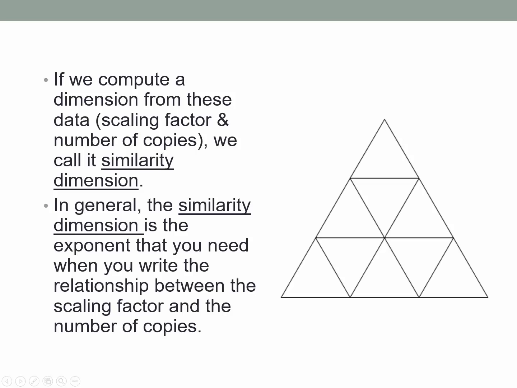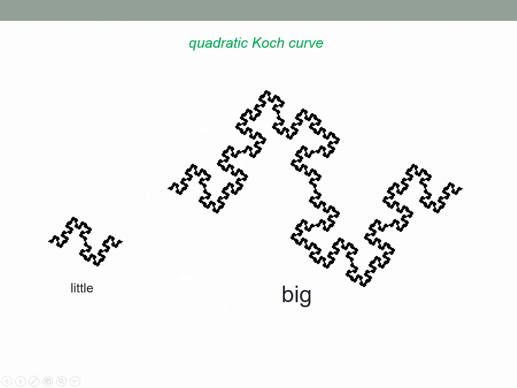In general, what do we mean by the similarity dimension? Well, it's the exponent that you need when you write the relationship between the scaling factor and the number of copies. That's the definition. It's the exponent that's needed when you write the relationship between those 2 pieces of data. For this triangle, again, we discovered it was 2.